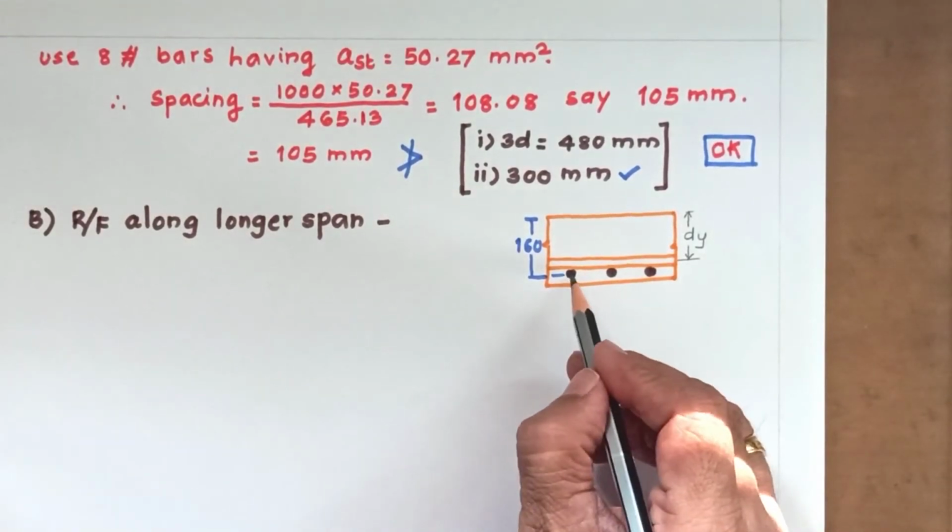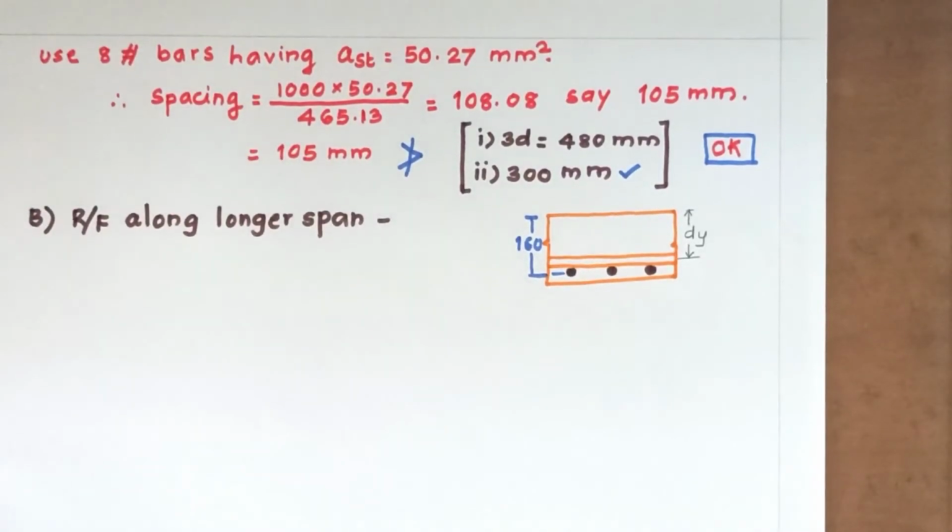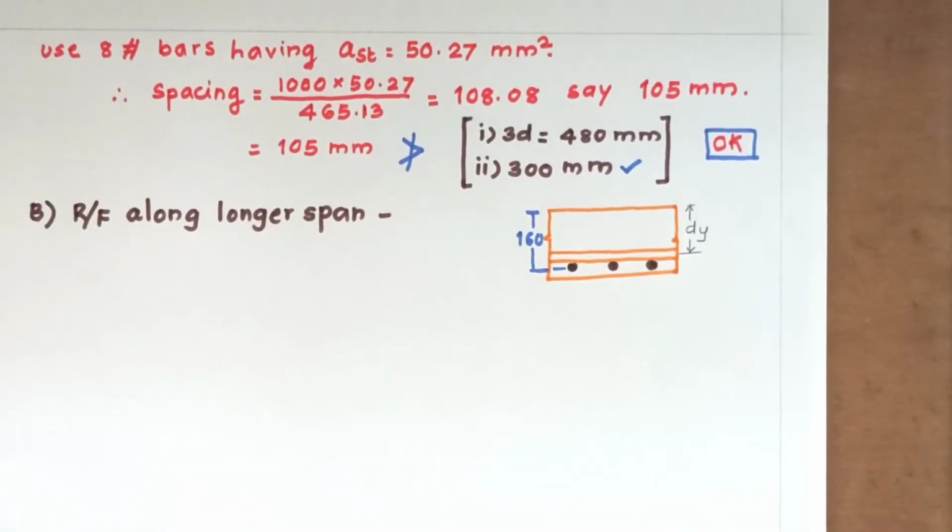Now you can see here half the diameter of this short span steel and half the diameter of long span steel.